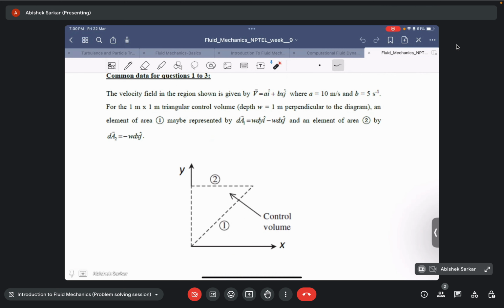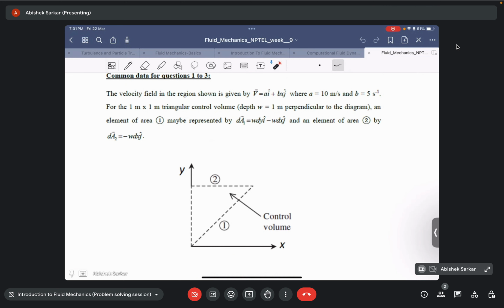For a 1 meter cross 1 meter triangular control volume with a depth of 1 meter perpendicular to our diagram, an elemental area 1 may be represented by dA1 = W dy i cap − W dx j cap, and the element of area 2 by dA2 = −W dx j cap.